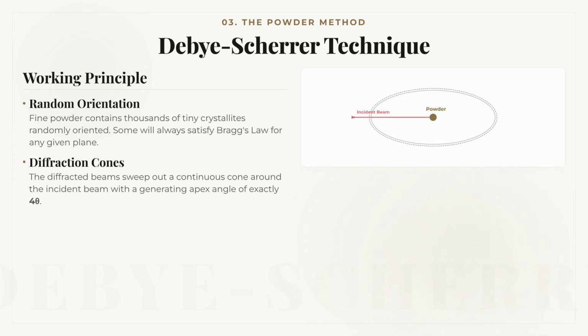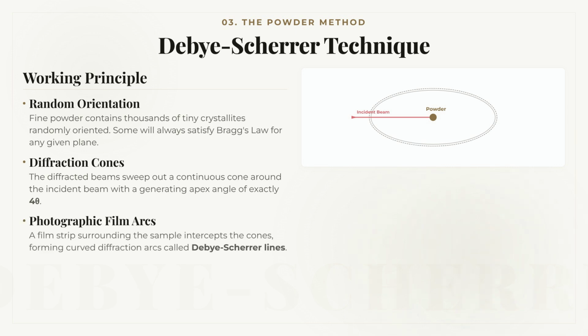The angle subtended by this cone is 4 theta. The powder sample is placed at the center of a cylindrical camera. The inner surface of the camera is covered with photographic film. When the diffraction cones strike the film, they produce circular or curved lines. These lines are called Debye-Scherrer lines. The positions of these lines provide information about the diffraction angle.